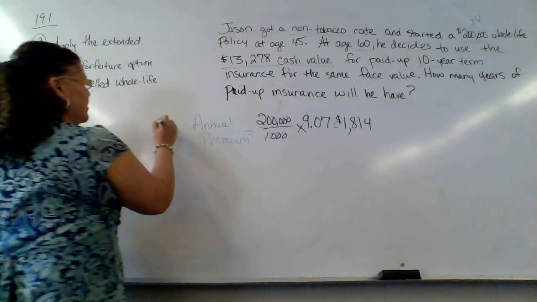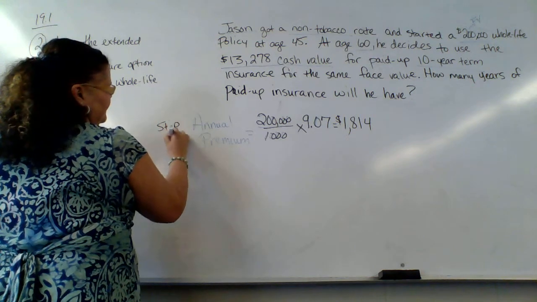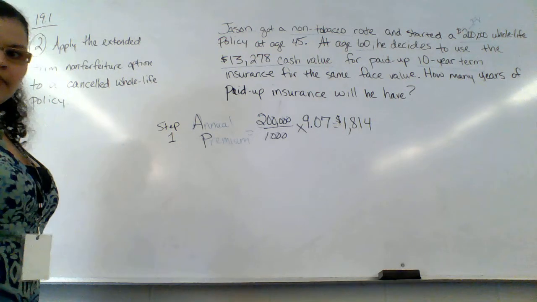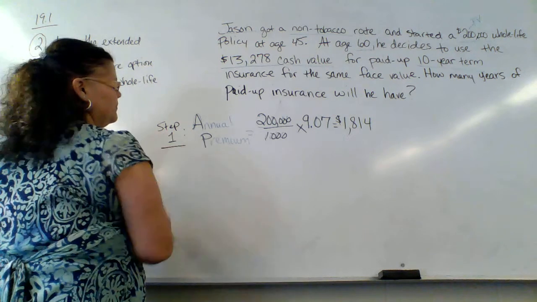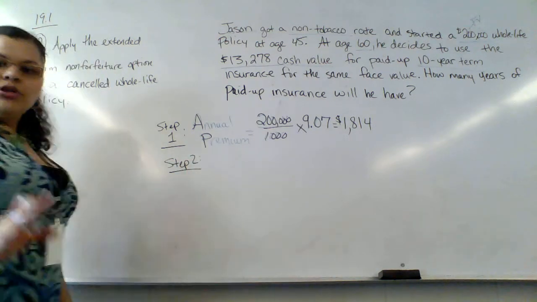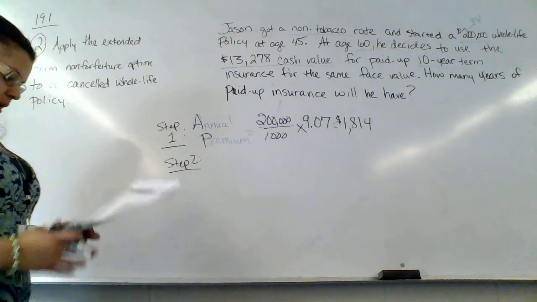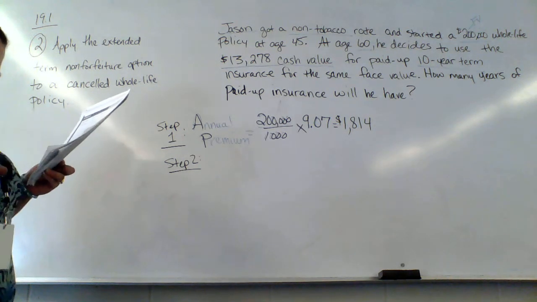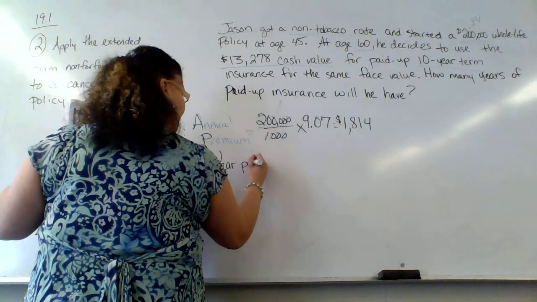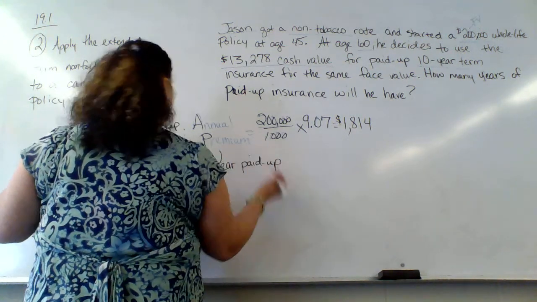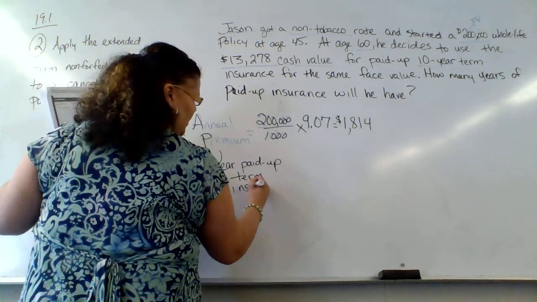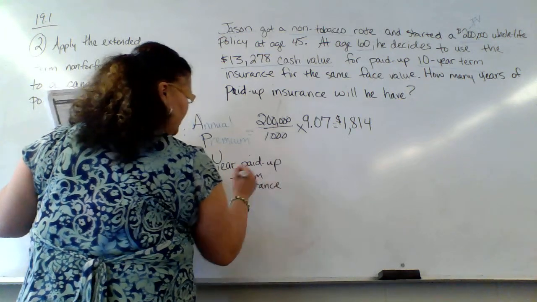Now, that was step one. That's the annual premium. Now, step two. What you're going to do next after that is find the years paid up term insurance.